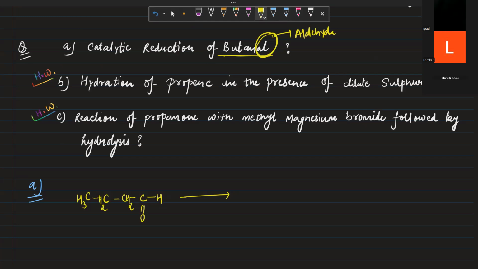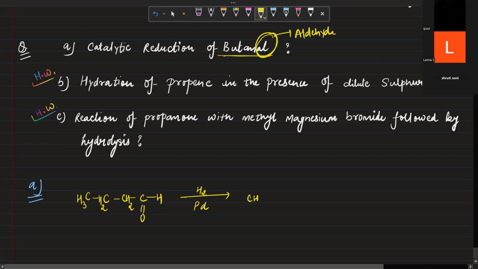It happens through palladium, so the hydrogen attaches to the double bond, the C double O group. So can I write this like this? Is this right?